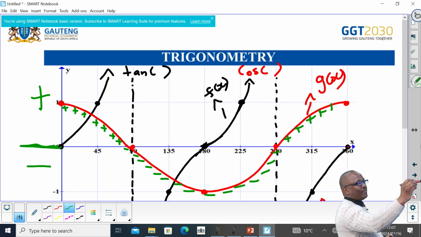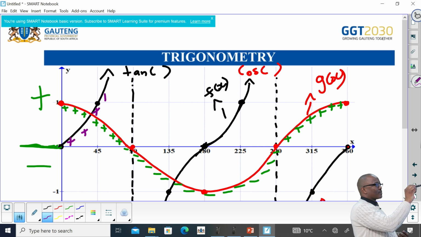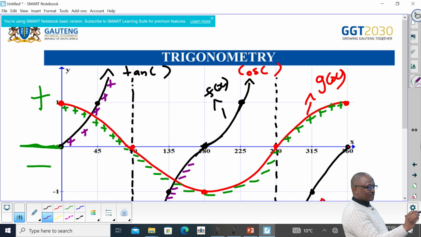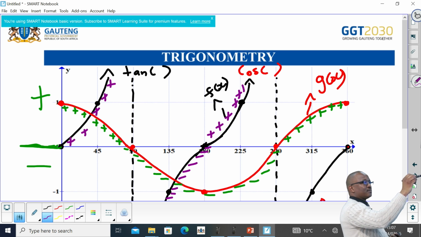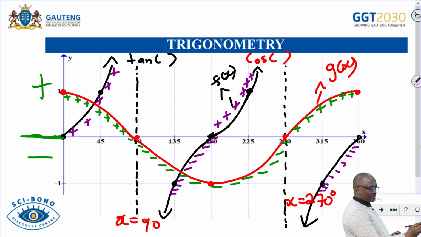So when they're above the x-axis, they are positive. So now you go and look at the one for tan. Tan is positive here. Then it starts to become negative. Then positive. Then negative this side. So now, looking at that, there we'll have your negative.